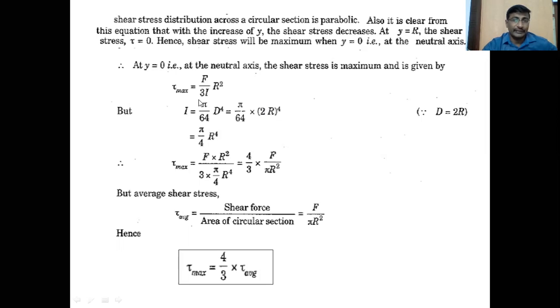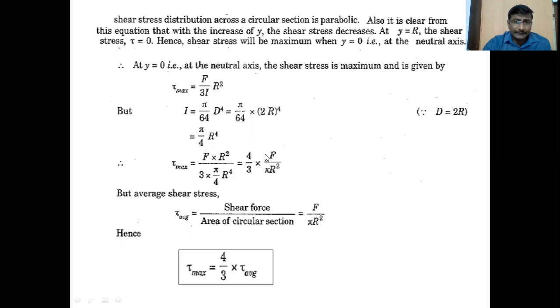By substituting the I value here, tau max is equal to F r² by 3 into I, that is pi by 4 r⁴. So the equation becomes 4 by 3 into F by pi r². What is pi r²? It is the area of the circular section. So force by area is the shear stress, called the average shear stress: tau average equals shear force by area of the circular section, F by pi r².